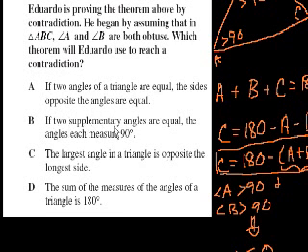No. If two supplementary angles are equal, each angle measures 90. Well, we didn't use that. The largest angle of a triangle is opposite the longest side. No. The sum of the measures of the angles of a triangle is 180. Yep, that's the first thing we wrote down. So it's choice D. That's the theorem Eduardo used to reach the contradiction.